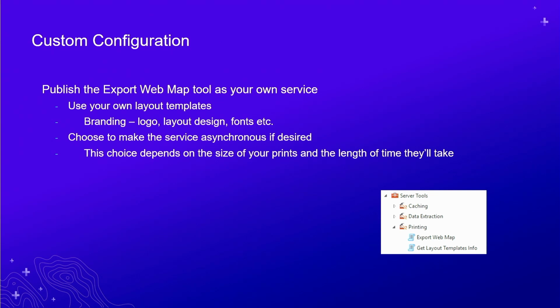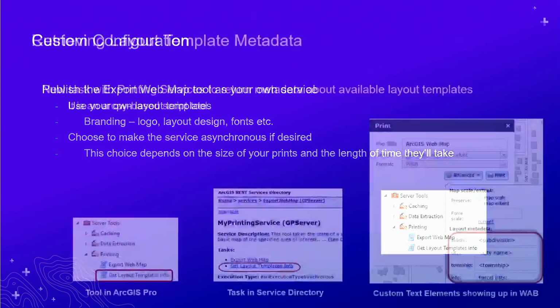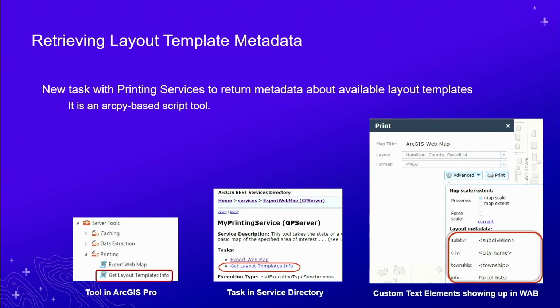There's also the Get Layout Template Info tool in that tool set. Really, this is for retrieving layout template metadata. And this is a relatively new task we've brought together with printing services that allows you to return metadata about your available templates. It's an ArcPy-based script tool. Tanu himself wrote it.